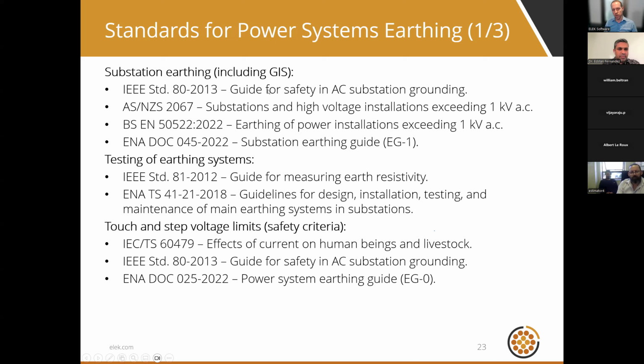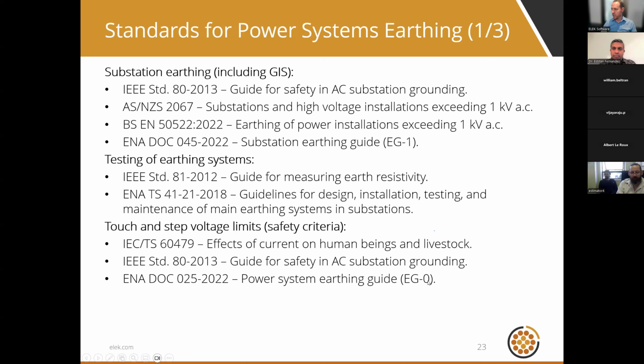So for substation earthing, IEEE standard 80, highly recommended. Even if you need to follow these other standards, this is a very good reference, IEEE standard 80. For testing, we've got IEEE standard 81. There are some other guidelines that I've mentioned here for touch and step voltage limits.